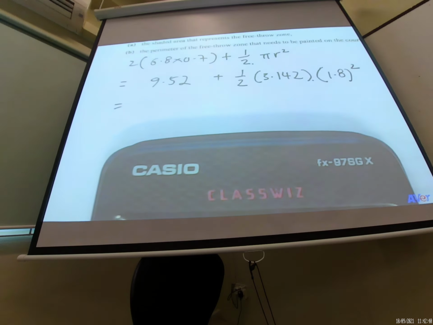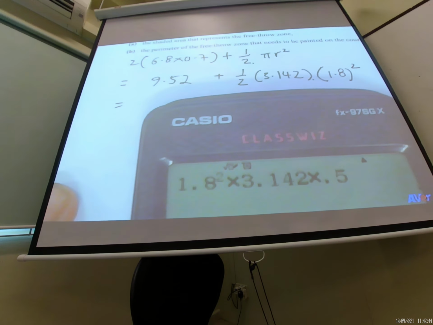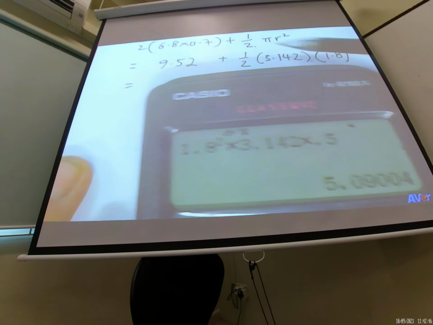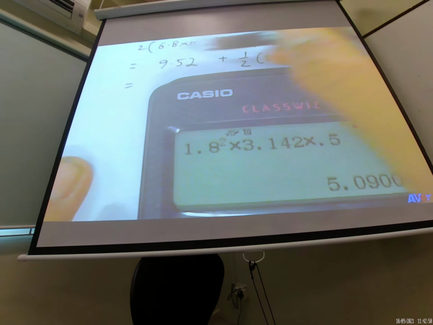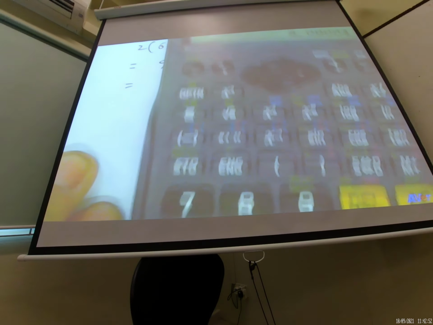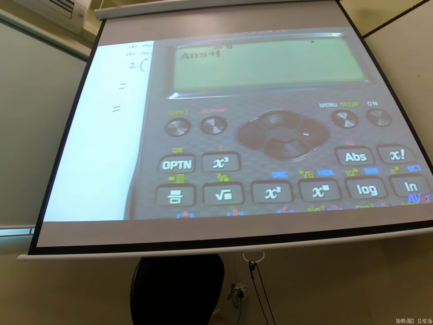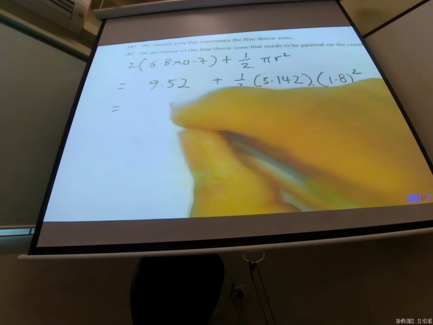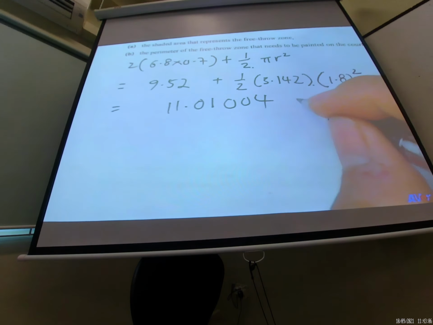Then 5.09004 is this part. We still need to plus 9.52. So plus 9.52. So altogether 11.01004 meter square.